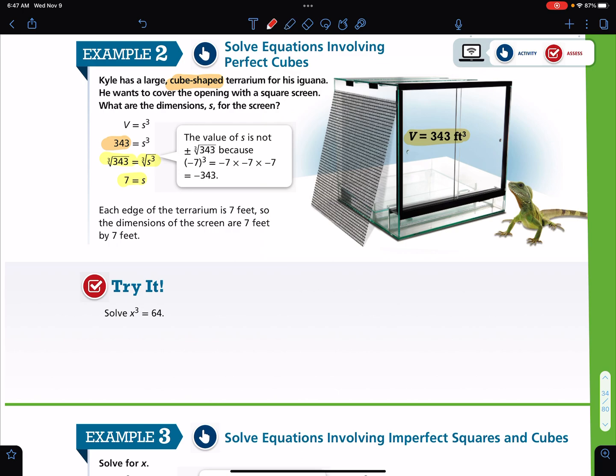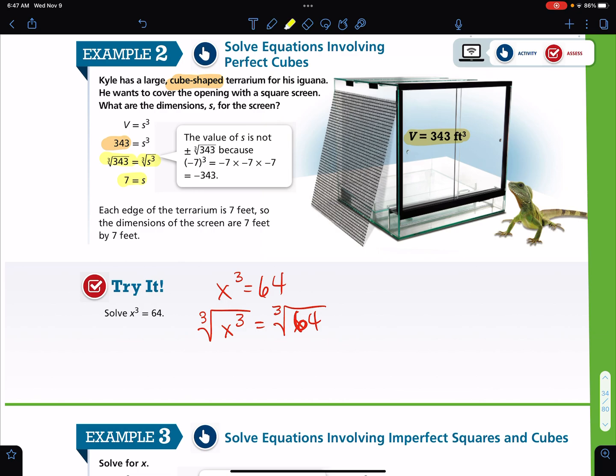We're going to do a practice down here. X to the third equals 64. So I'm going to rewrite it. You guys should try this on your own, come back and check. I'm assuming that you've come back and seen my work.